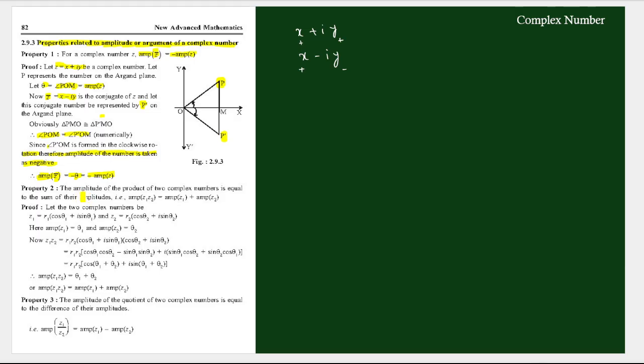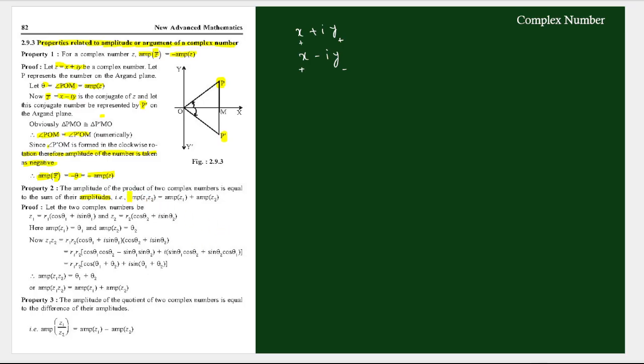If the amplitude of one is theta 1 and of the other is theta 2, then the amplitude of the product will be the amplitude of the first complex number plus the amplitude of the second complex number.